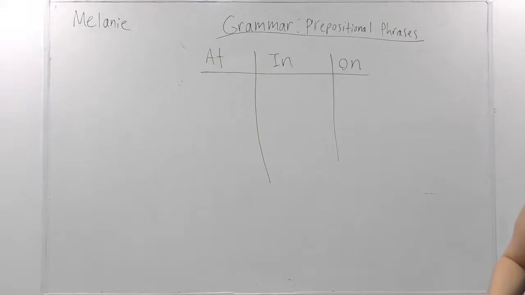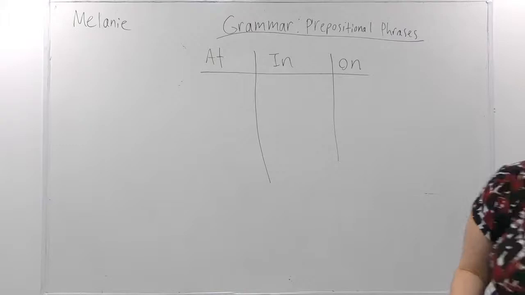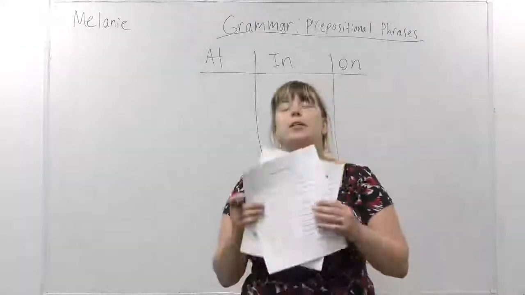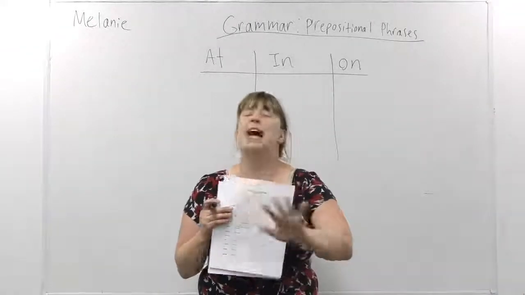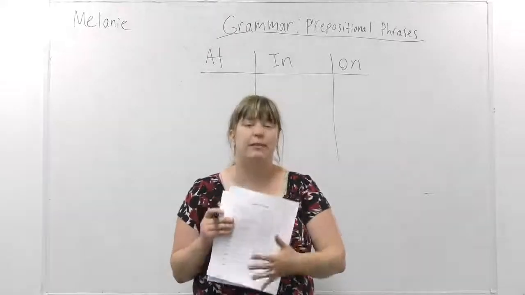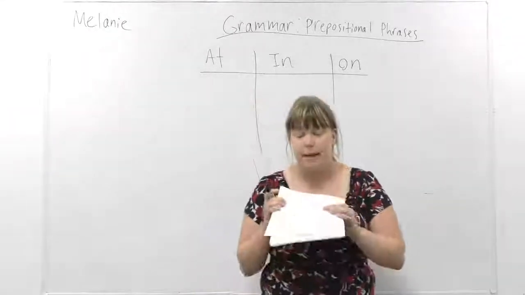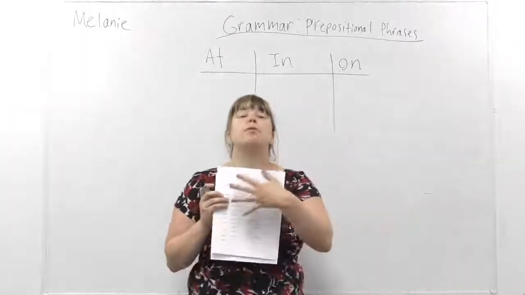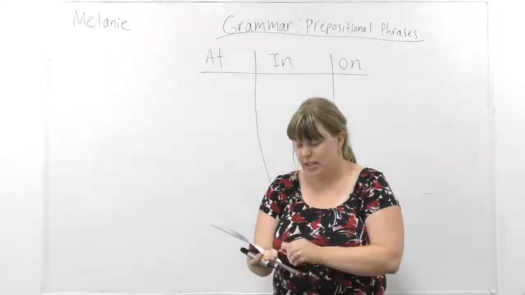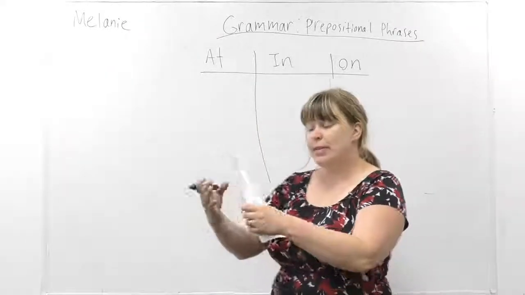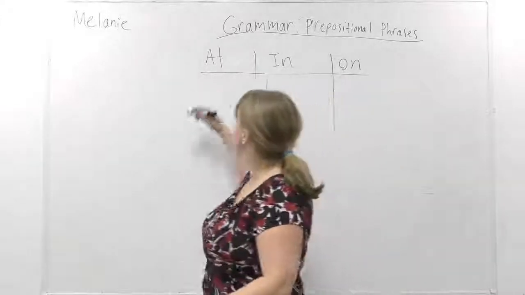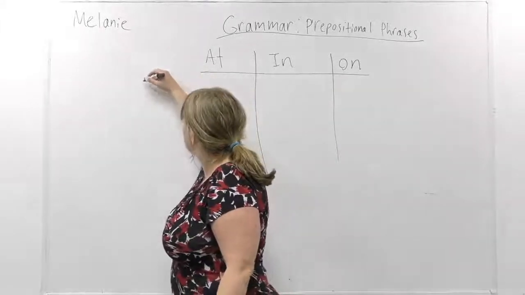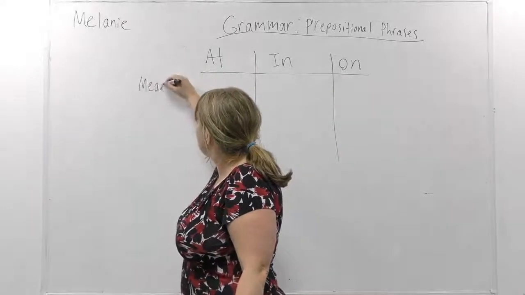Now, I'm also going to refer to this sheet right now. You don't have to pull this out at the moment because I will get to it later, but I'm just going to be referring to a few points from here. So, at, as you see here, it's a position at a point. So, here I'm going to put meaning.